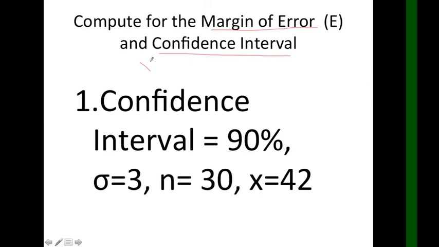I mean, the formula kanina na x minus e to x plus e, which is mean minus e to mean plus e, or the margin of error, yung letter e. Okay, so paano naman ito kung ganito siya? Meron tayong madadagdag na given which is x is the mean, no? Equals 42.